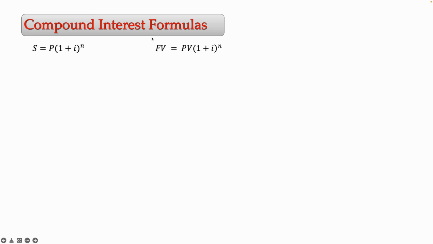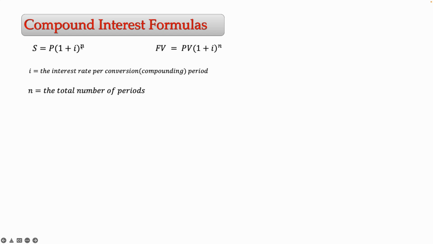This is the formula that sometimes you can see in textbooks, where future value is represented with FV and present value with PV. Okay, so the i is the interest rate per conversion period, for compounding periods. If the conversion is every month, this i will be the interest per month.